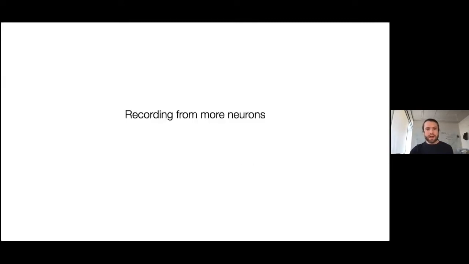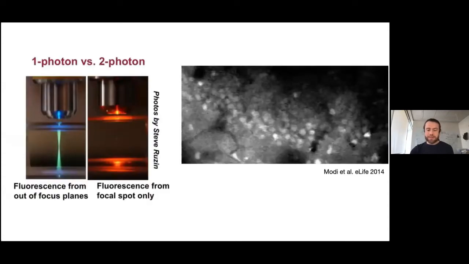Okay, so I'm going to focus first on recording from more neurons, and this is facilitated by imaging methods as well as multi-electrode methods, but I'm going to focus here on imaging. I'm guessing you're all familiar with two-photon imaging, and this is from a paper from 2014.